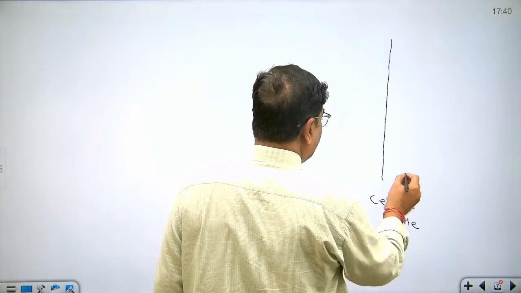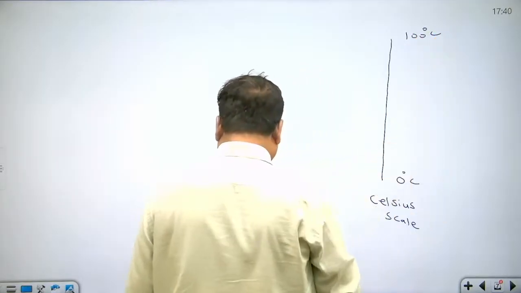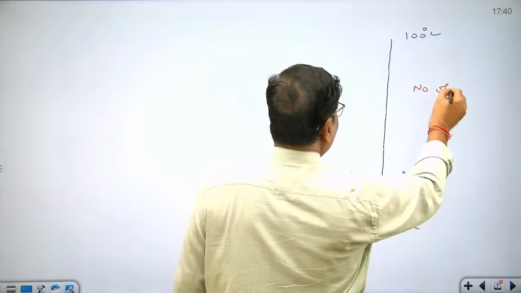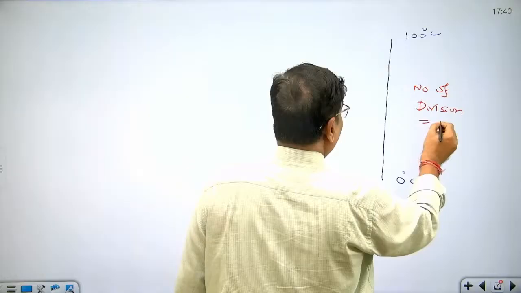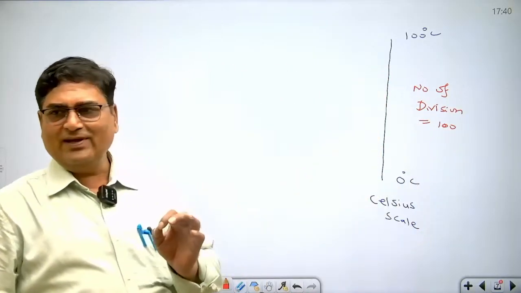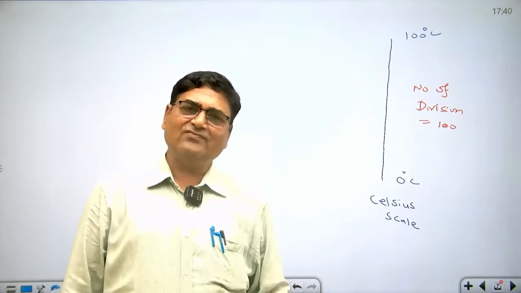On the Celsius scale, the lower point is 0 degree centigrade and the upper point is 100 degree centigrade, and the number of divisions is 100, which means each division is equal to 1 degree centigrade.